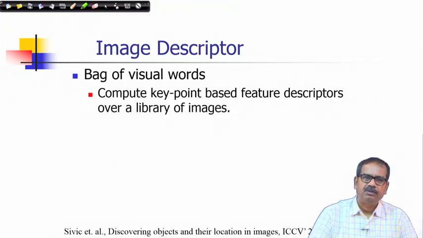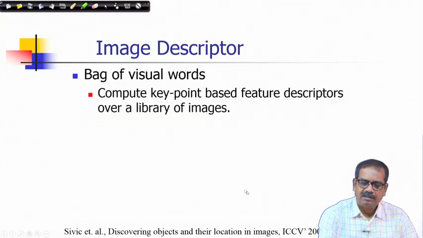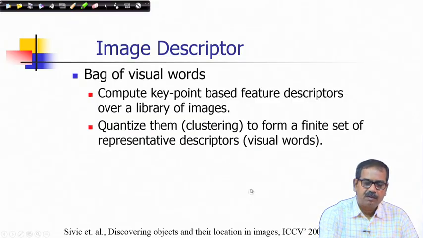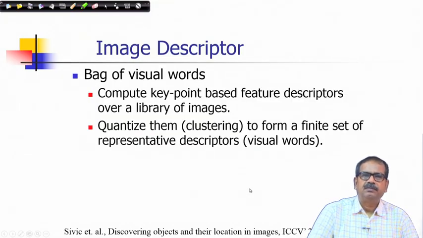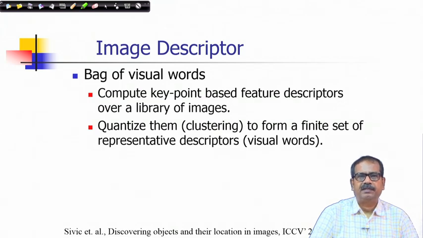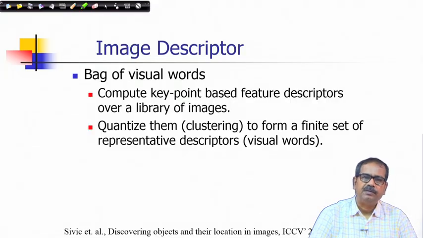So, what we need to do next is put all these descriptors under some quantization scheme. That means we would like to get some representatives of these visual words. So, it is not the key point, it is the descriptor which we are considering here. A descriptor corresponds to a candidate visual word in our dictionary, but as there could be a lot of variations.